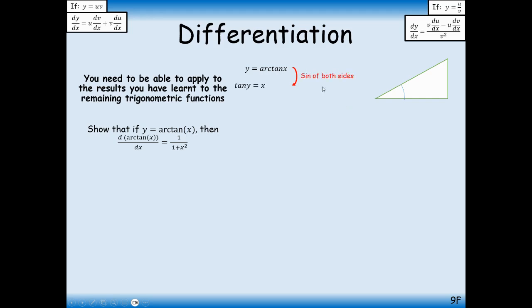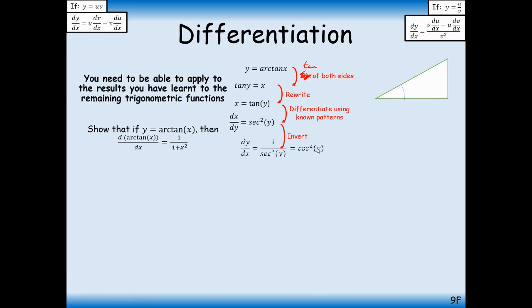So that's the approach for the notation there, taking tan of both sides. What we can do is find the derivative of x with respect to y, which is secant squared, and then invert this fraction because we want to find dy by dx.